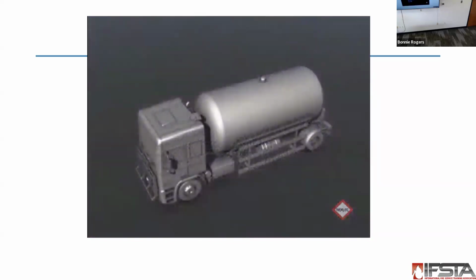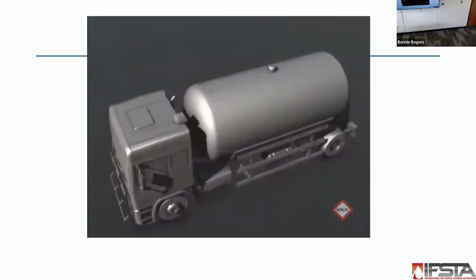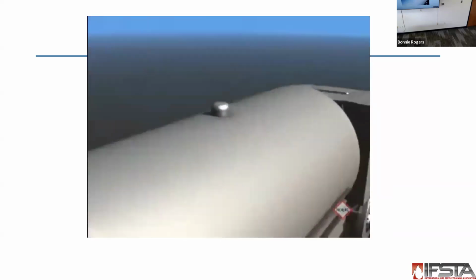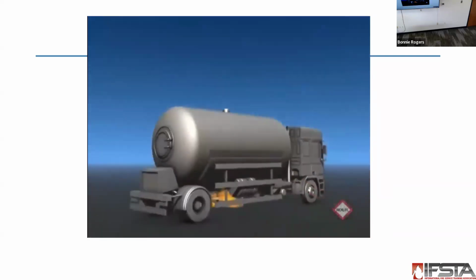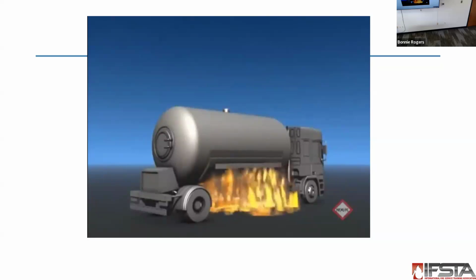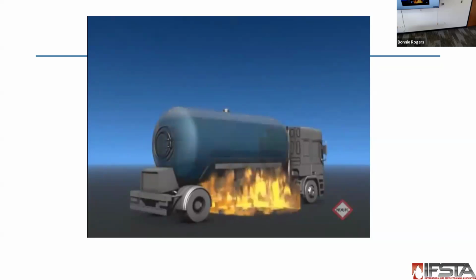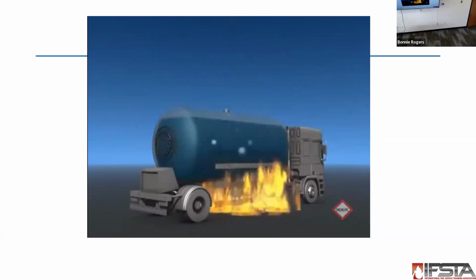BLEVEs occur when the flammable liquid or gas in a tank is exposed to excess heat. In our industry, the heat generated by a fire on or near a vehicle may be sufficient to cause a BLEVE. The flames heat the liquid in the tank and it starts to boil.